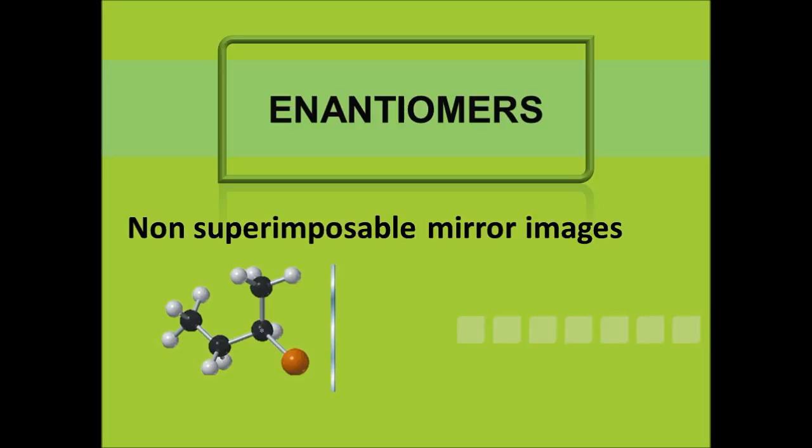Here, the structure of 2-bromobutane is represented by this ball and stick figure. Here's its mirror image. If we tried to superimpose this mirror image, it would not be possible. We see that they are non-superimposable. We call these enantiomers. Chiral compounds always have enantiomers.